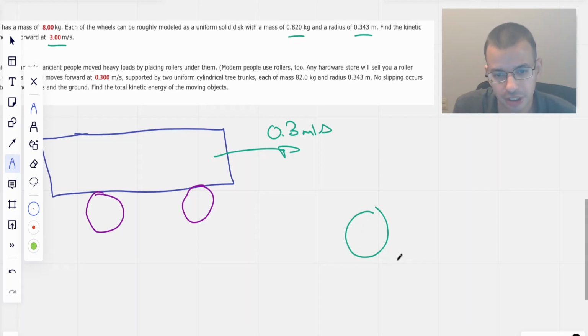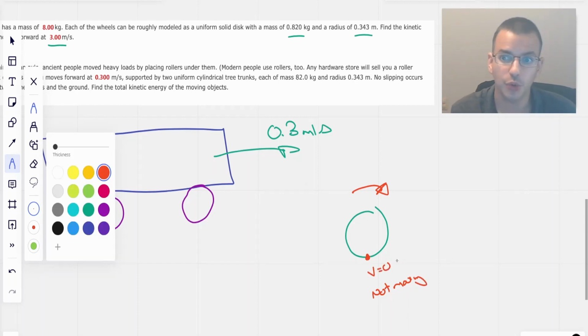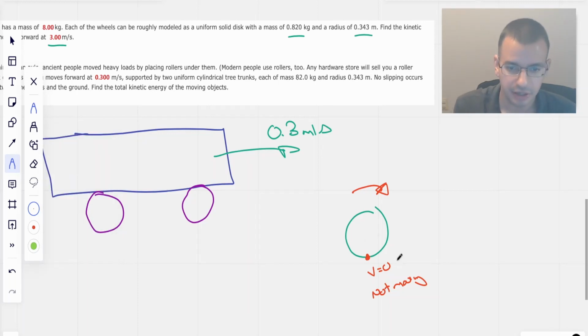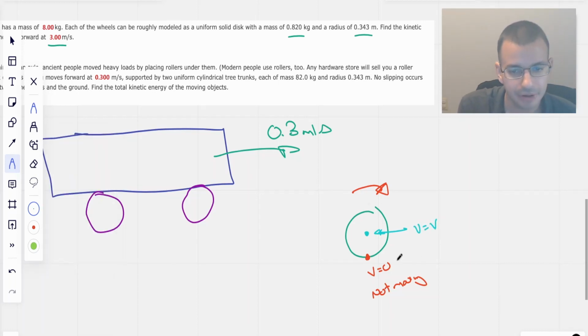When a wheel is rolling and not slipping, the bottom is not moving. So velocity equals 0. It's rolling without slipping. The center is going to be moving at velocity V, and the top is going to be moving at a velocity of 2V.